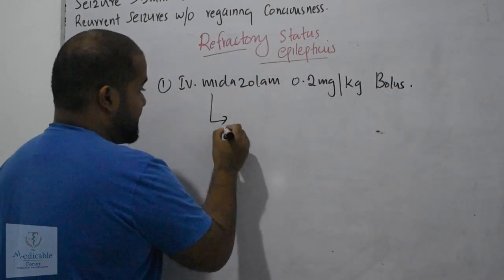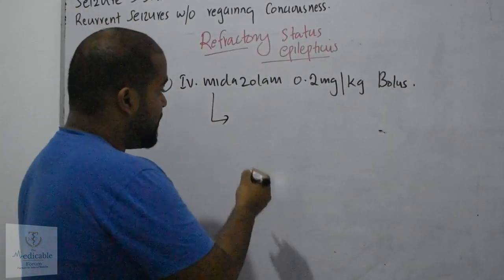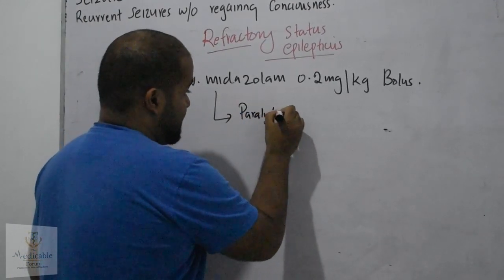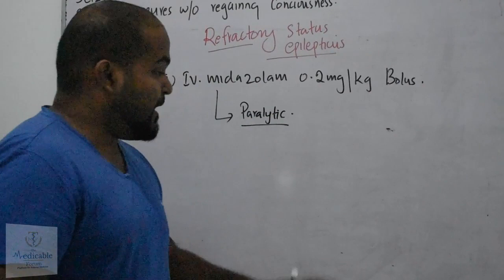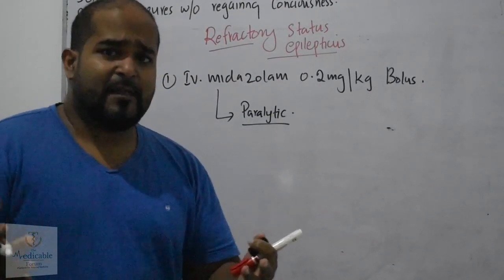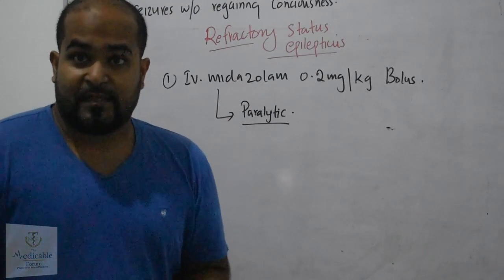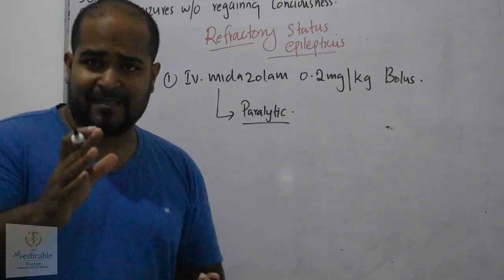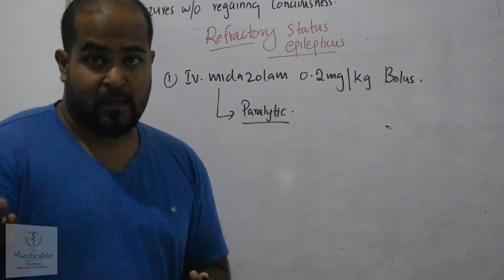After this, you have to give a paralytic. So, in a case where there is a status epilepticus, the patient will have rhabdomyolysis. They will have hyperkalemia. So, don't risk by giving succinylcholine.